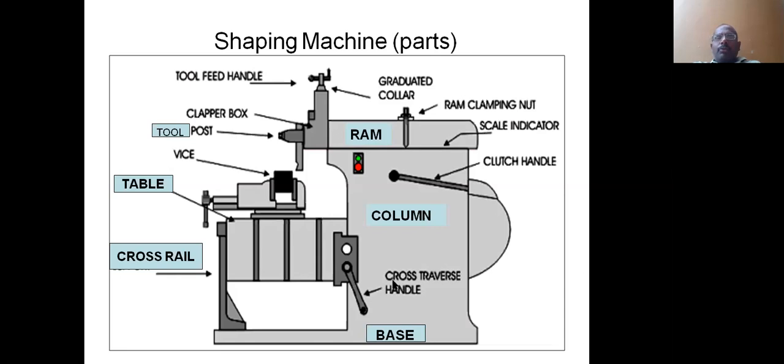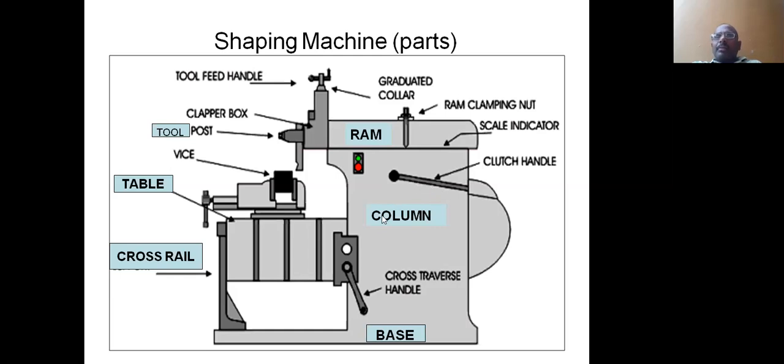So now the next part is the column. This particular column carries all the elements. What are all the elements? It supports the ram. In addition to the ram, the quick return mechanism required is also mounted within this column.